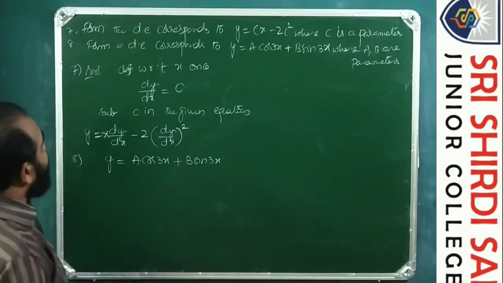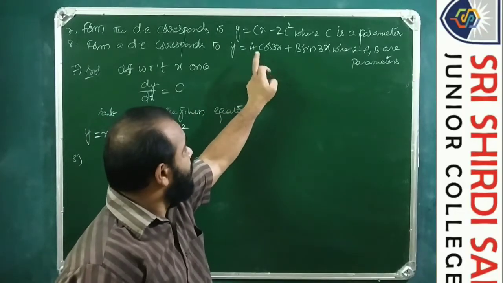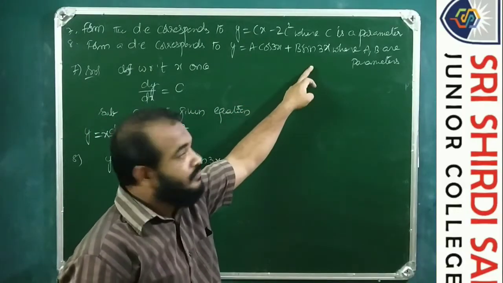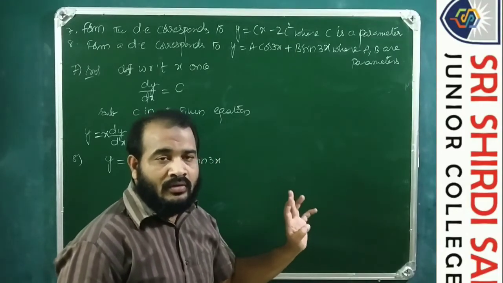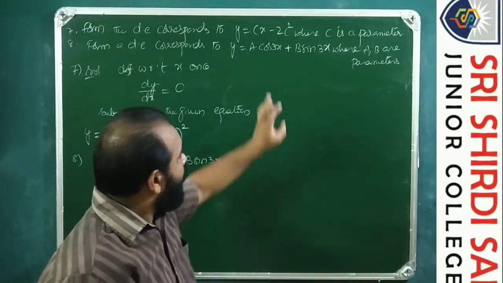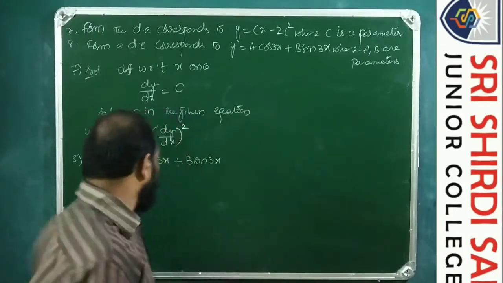Obviously this equation contains two arbitrary constants, therefore we are restricted to differentiating twice.